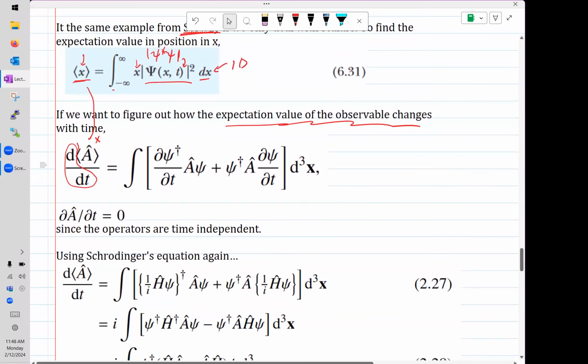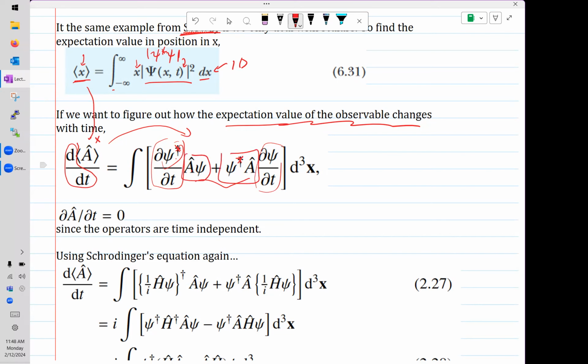So that means we have to integrate the time derivative of psi star times A, because of the product rule, and then the time derivative of psi without the star. Just replace this with star for now. These are just the same operations on the different pieces of the complex conjugate of the wave function or not.